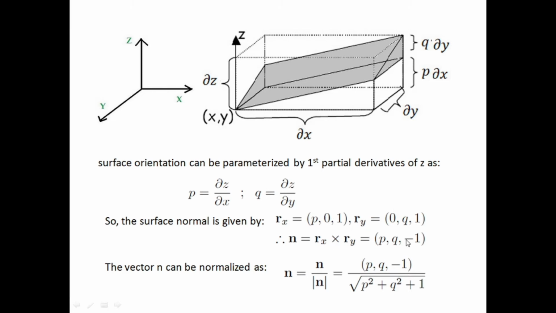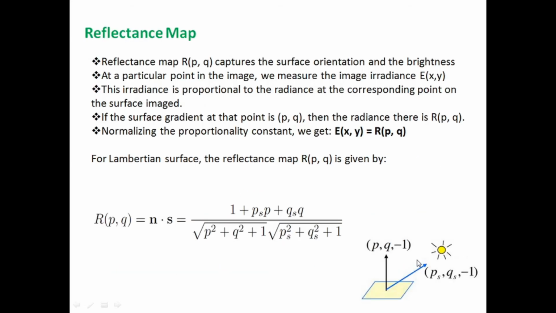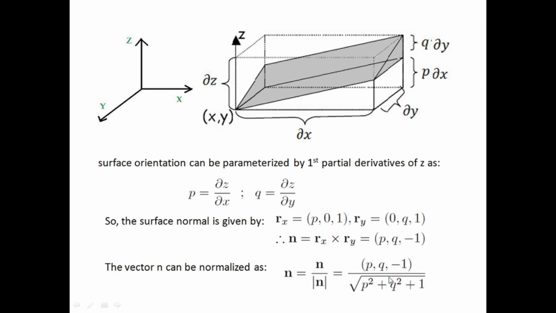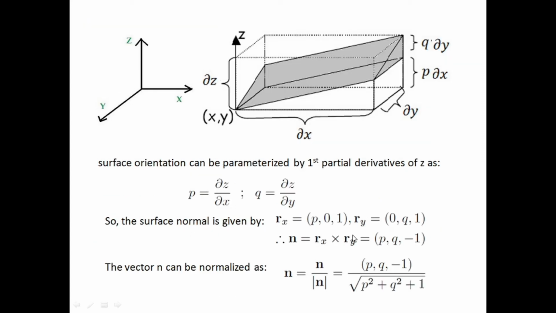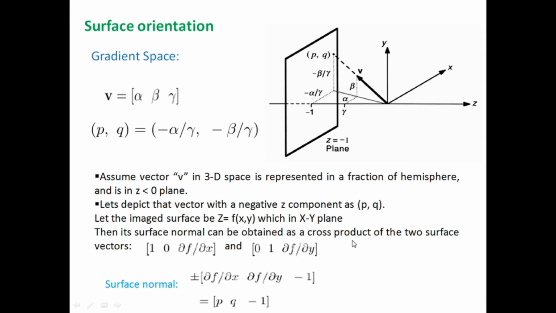Once you do the cross product, you are going to get P comma Q comma minus 1. So the vector n can also be normalized in this manner: n by magnitude of n, that is P comma Q comma minus 1 by root of P square plus Q square plus 1. This is how I get the normalized vector. You can take this as an example of surface orientation.